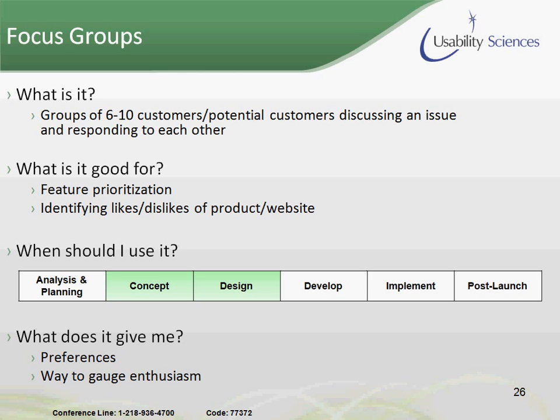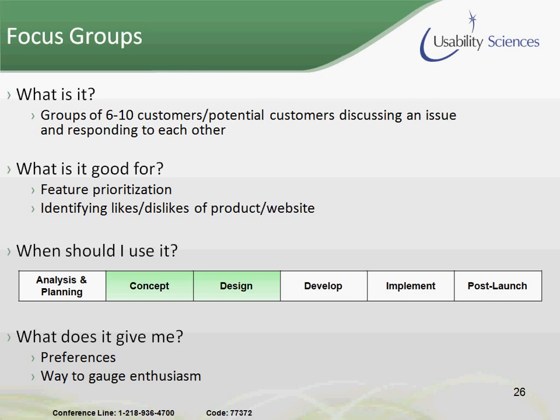Let's say that you've got a lot of different things that you would like to roll out in your next product, and you're not sure which ones users are dying to have and which one they're like, it's fine, whatever, if you've got it, I'll use it, but no worries, right?